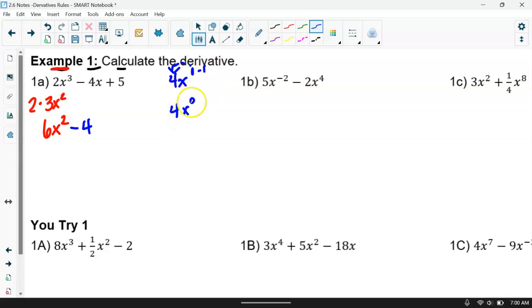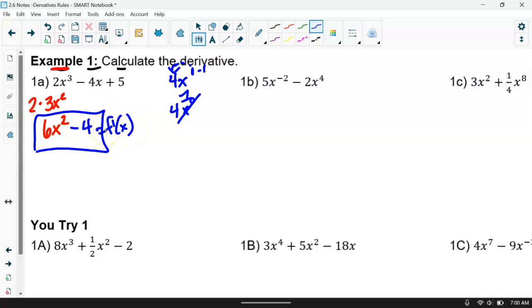Anything to the 0 power is 1. So that's why you're just left with 4. Ultimately, you're just taking that coefficient. Then our last is, notice it's just a constant. And what is always the derivative of a constant? 0. So this is our derivative of our function.